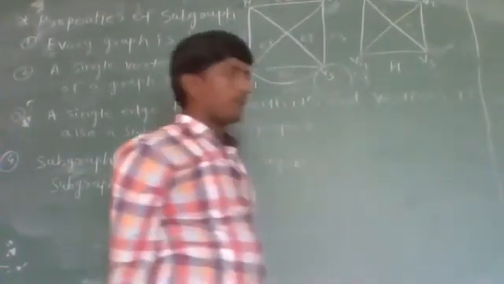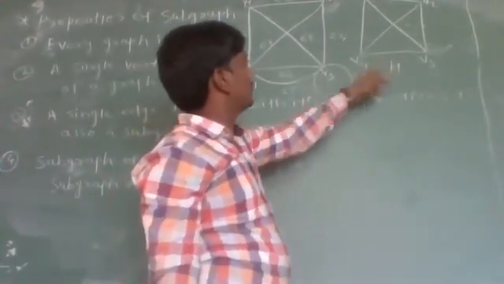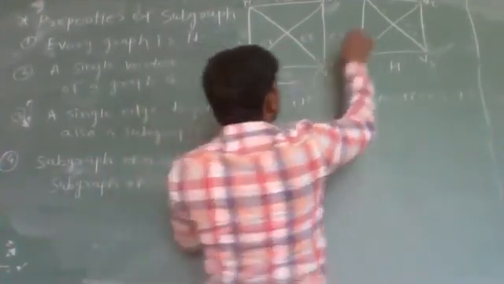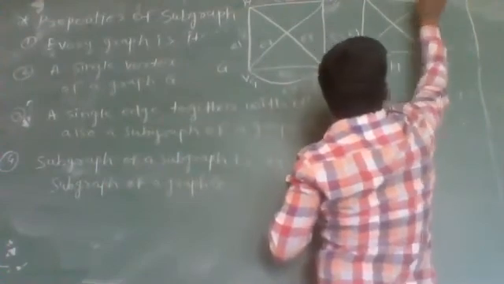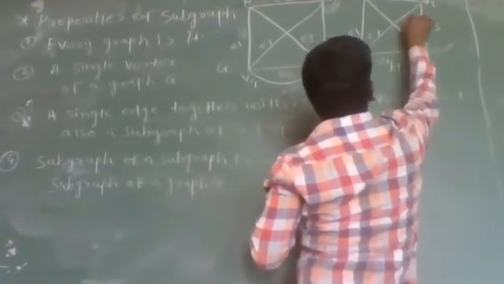Then by the definition of subgraph, the vertex set of H is a subset of the vertex set of G, and the edge set of H is a subset of the edge set of G. The vertices are V2, V3, V4, V7, and V8.